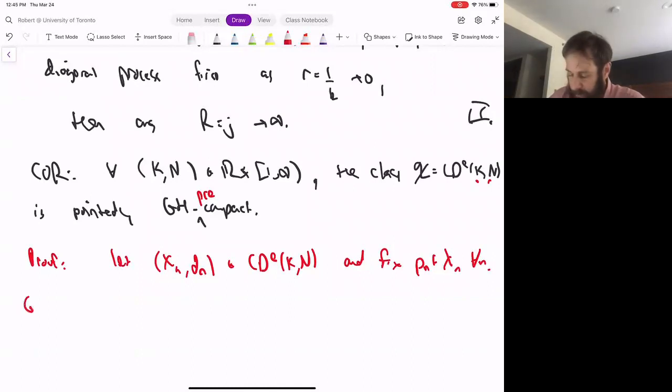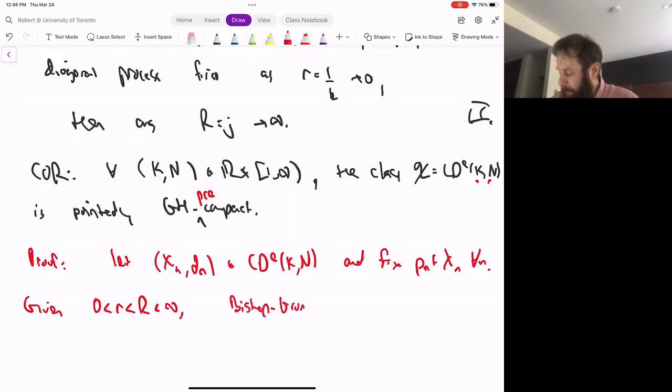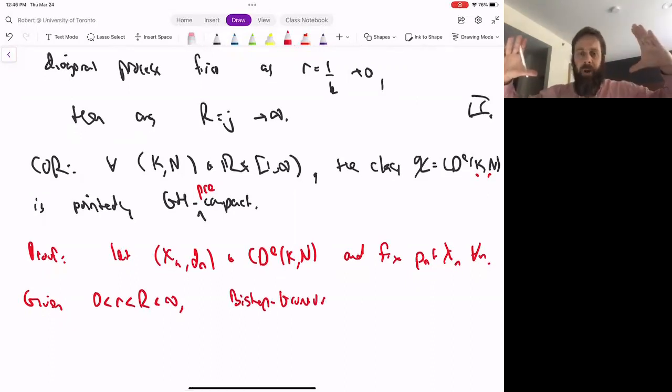Given little r and big R, the Bishop-Gromov estimate basically told us that if we take some ball of large radius capital R, and then look at small balls of radius little r inside that big ball, the mass of those little balls can't be too small, because the ratio of the mass of little balls to some expression in little r dominates the mass in the large ball divided by the same expression in big R.